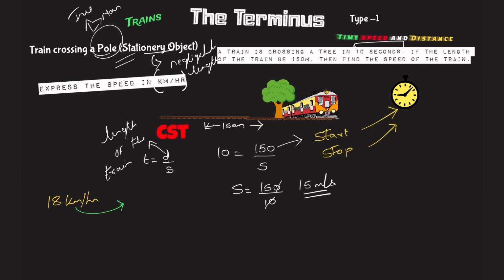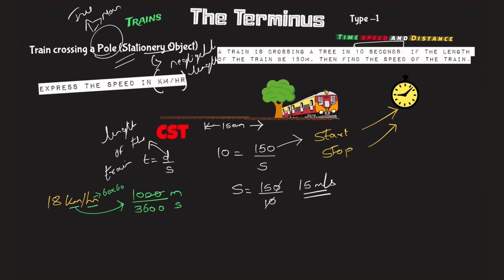First convert kilometers to meters. In 1 kilometer there are how many meters? 1000. So write 1000 here. In 1 hour there are how many seconds? 60 minutes, and each of the minutes will have 60 seconds. So 60 into 60 is nothing but 3600 seconds. This is meter, this is second. Kilometer per hour converted to meter per second.